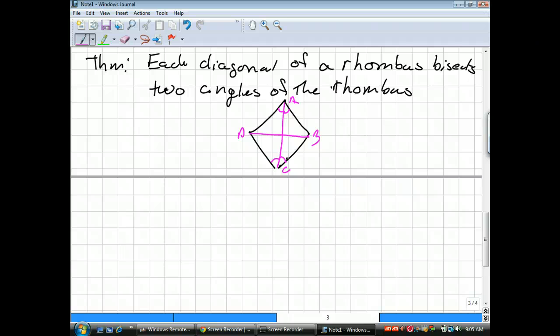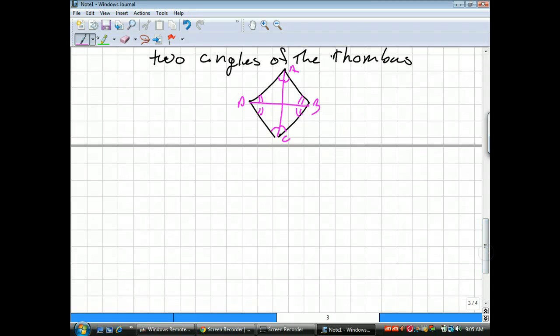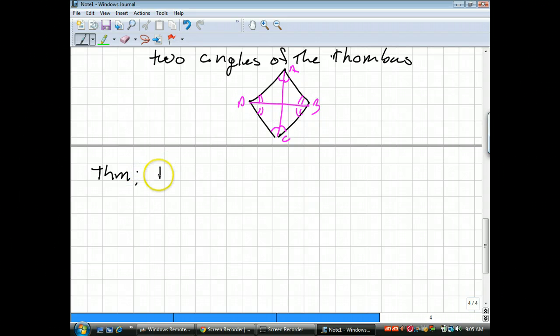So if we bisect congruent angles, we get congruent angles. So therefore we have four congruent angles there.